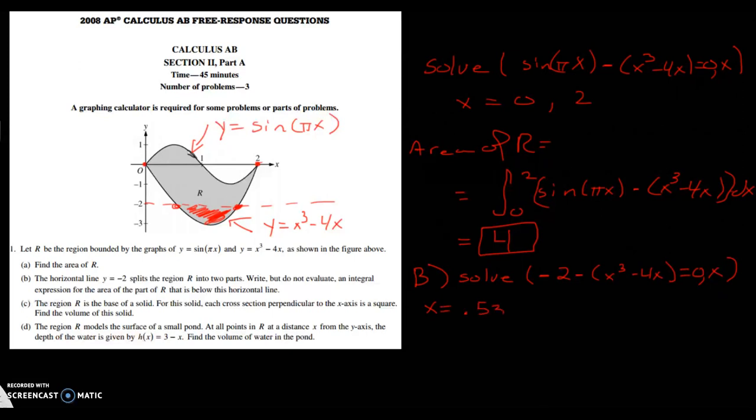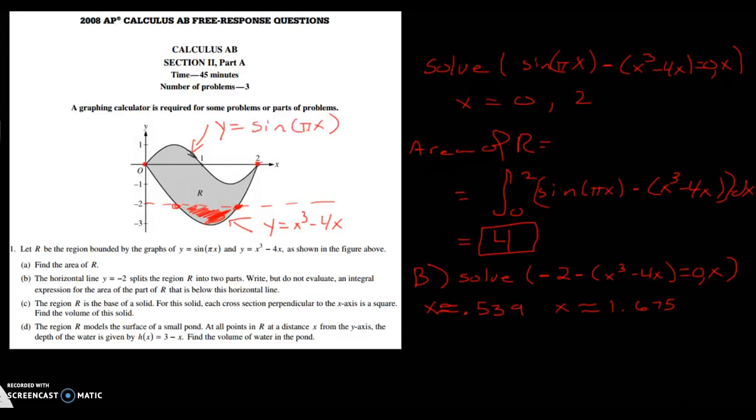So 0.539, approximately. And then the other one is approximately 1.675.